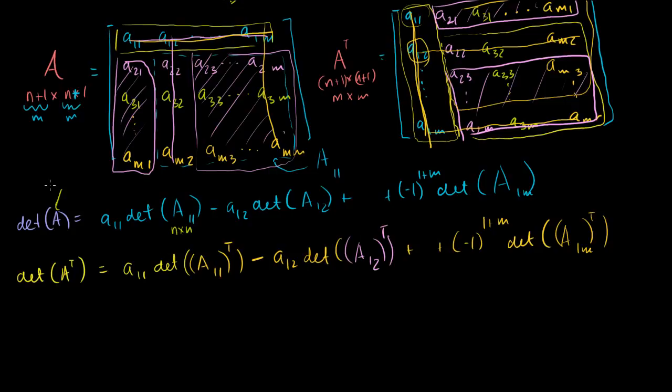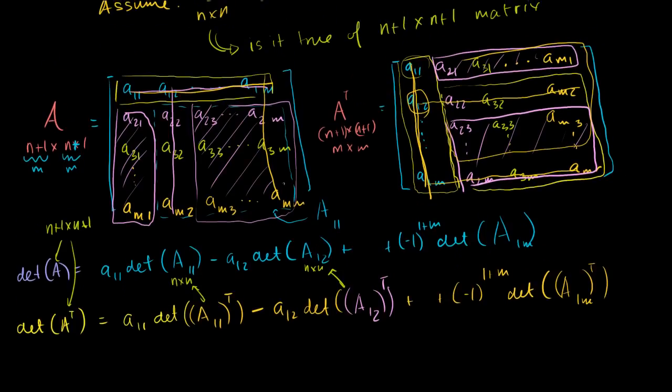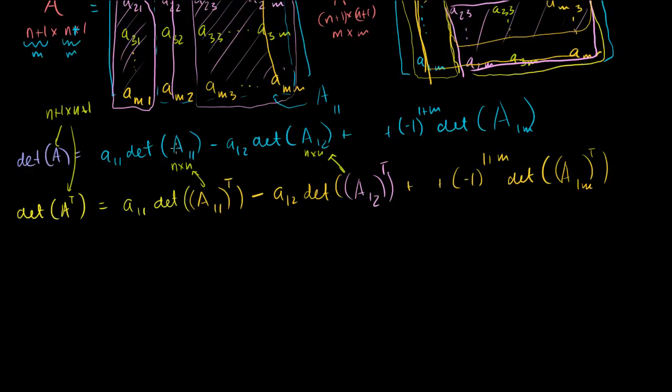This guy right here is an n plus 1 by n plus 1. Same thing for this guy. But these guys right here are n by n. So if we assume for the n by n case that the determinant of a matrix is equal to the determinant of its transpose, right? This is the determinant of a matrix. This is the determinant of its transpose. These two things have to be equal.